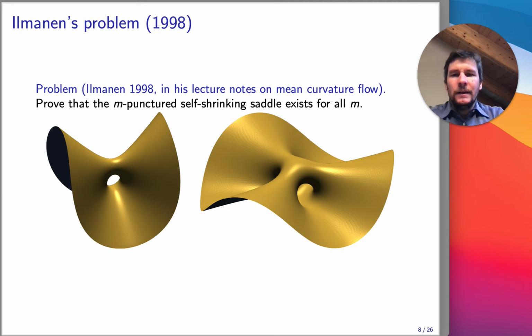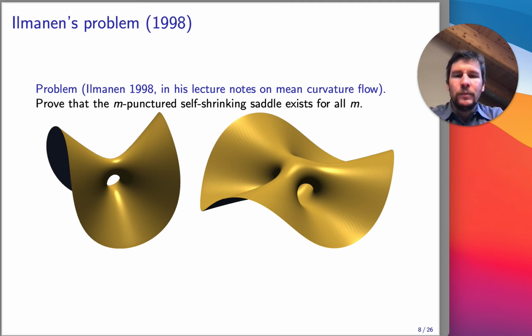And Ilmanen, in his famous lecture notes on mean curvature flow, conjectured that there should be a non-compact self-shrinker with arbitrary genus. He called these M-punctured saddles, because these objects look a little bit saddle-like, they have this saddle structure.